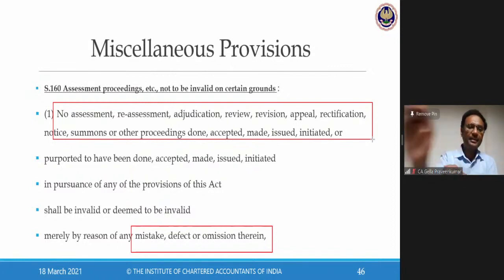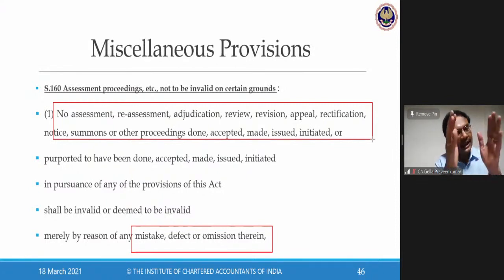Example: assessment, reassessment. They've sent a notice for reassessment. My GST number was not mentioned. I cannot argue in front of the court of law, sir, they have sent a notice to me. They have mentioned my address. They have mentioned my name. But sorry, they have not mentioned my GST number. But for my GST number, everything they have confirmed.